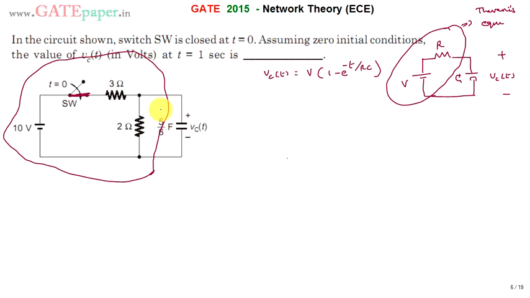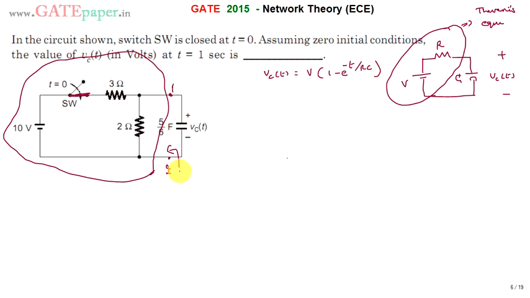If you are able to get VTH and RTH looking into these two terminals, then use those values as V and R and substitute in this equation. You will get Vc at any time. Then with t equal to 1 second, if you substitute, you will get the voltage across the capacitor at t equal to 1 second.